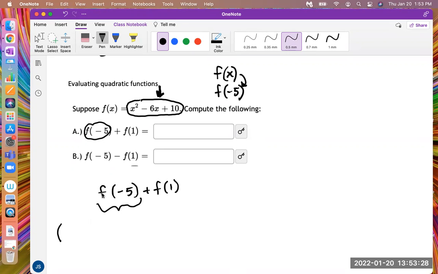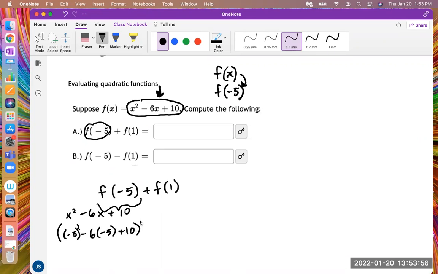It might be good if you put the actual original equation right above it. This is the original f of x. So in for x, I'm putting -5, I'm going to square it, and then in for the other x, I'm putting in -5 again. And remember, when we substitute things in, it's great to use parentheses.